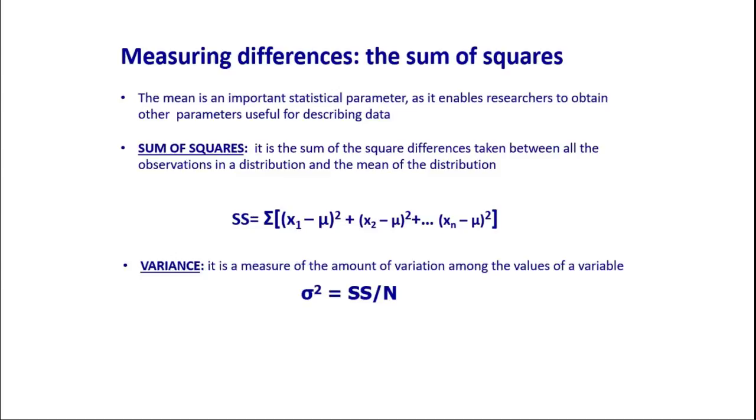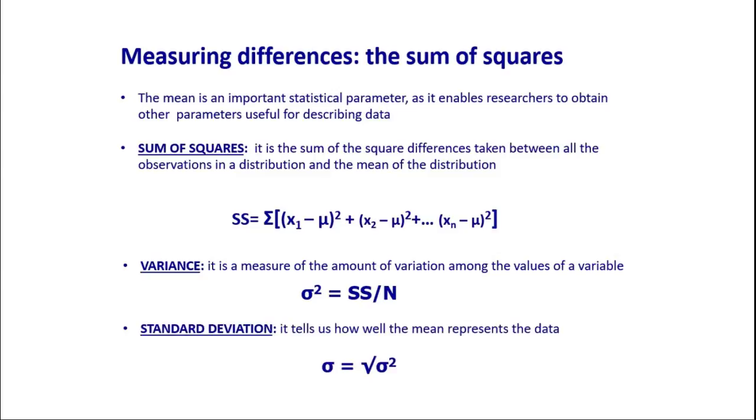Now the variance by definition is the sum of the squares divided by how many observations you've got. Again, this is a population value, not a statistical value. And the standard deviation by definition is equal to the square root of the variance.